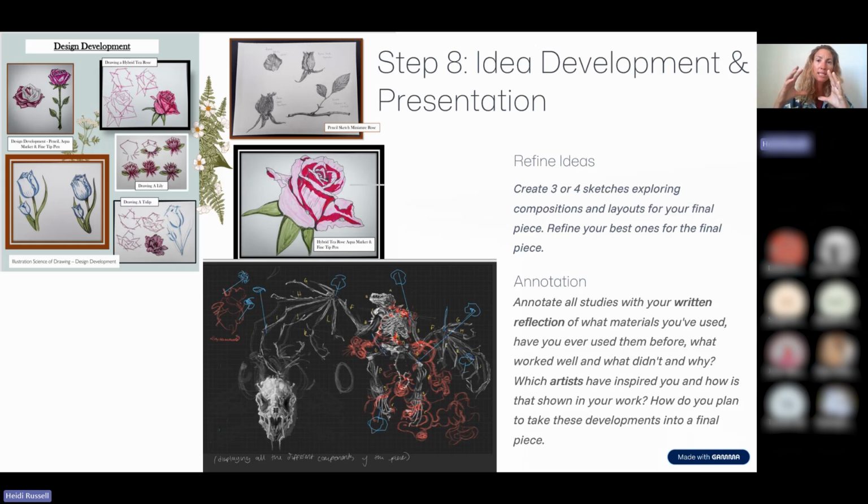So this is where your idea development for your final piece is going to happen. All right, it could be digital. So you might want to go more into the digital route. You know, scan your drawings in and then maybe layer them up and create a digital final piece. So idea development, 3 or 4 sketches.